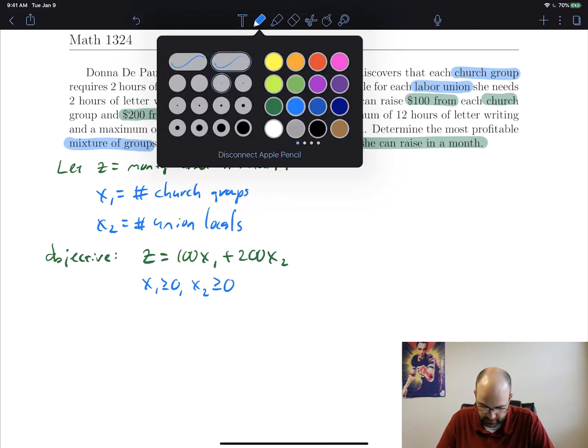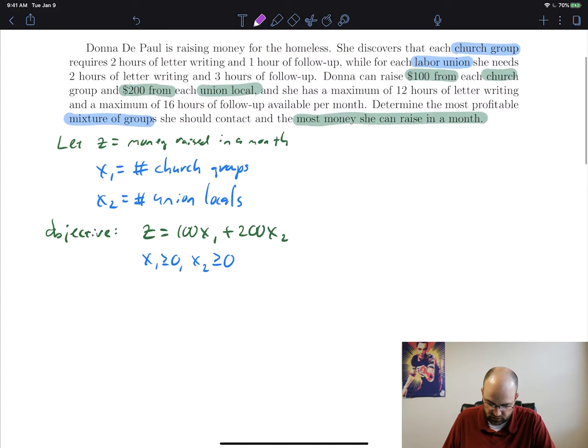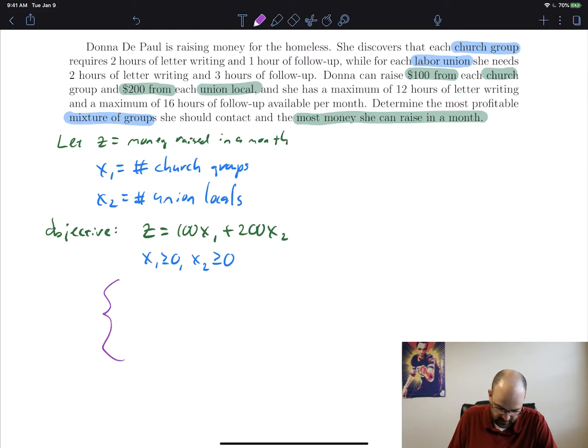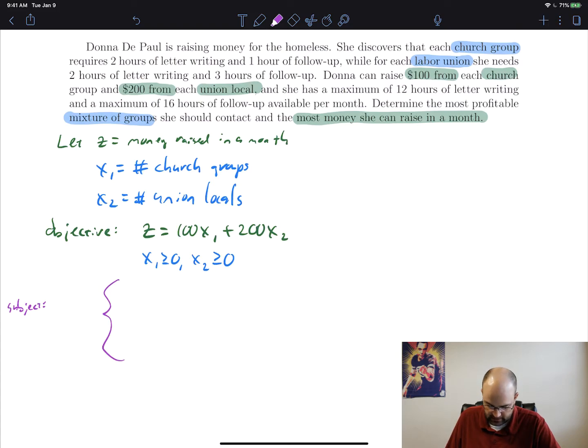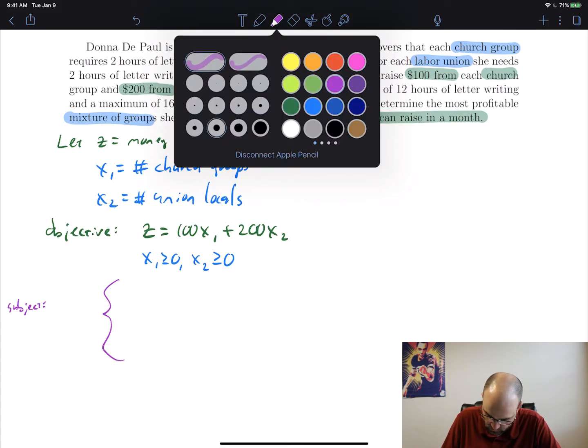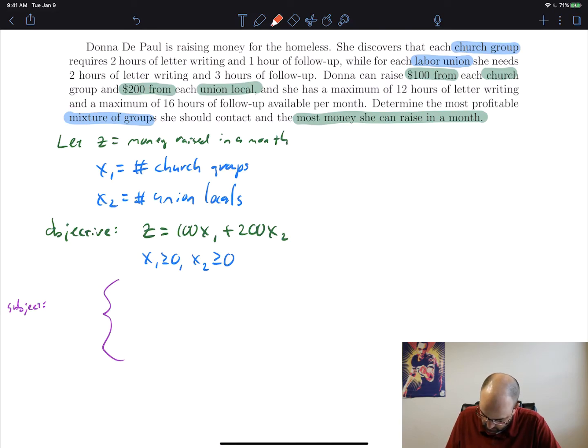So what we need to figure out now is the constraints, aka what it's subject to. She has a maximum of 12 hours of letter writing and 16 hours of follow-up time available per month. Let me use a different color here. Let's use red for letter writing.